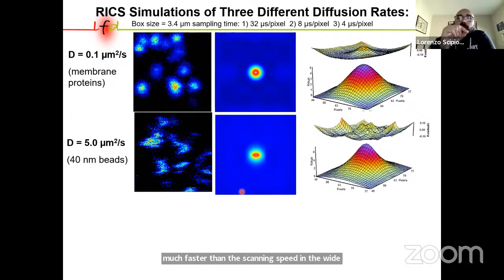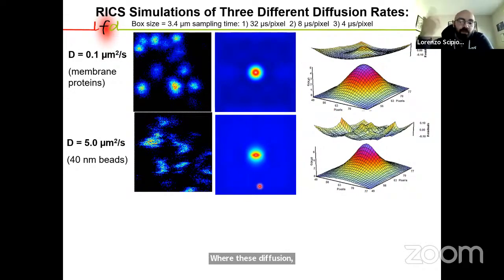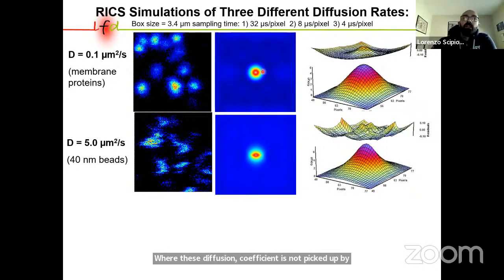So when you compute the autocorrelation function, you see that this is getting narrower, although only in one direction, because we are in a regime where this diffusion coefficient is not picked up by the fast scanning. It still appears immobile for the fast scanning. So it's not narrower in the X, but it starts getting narrower in the Y.